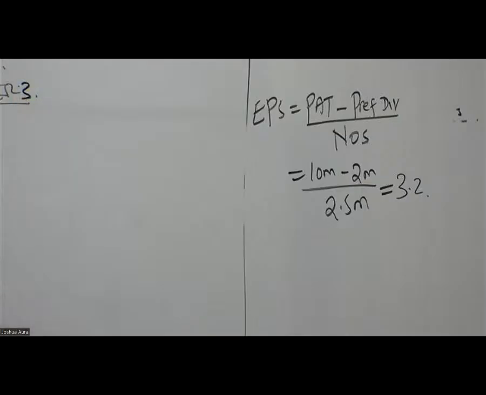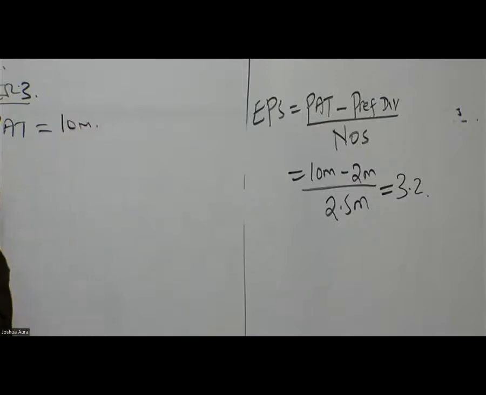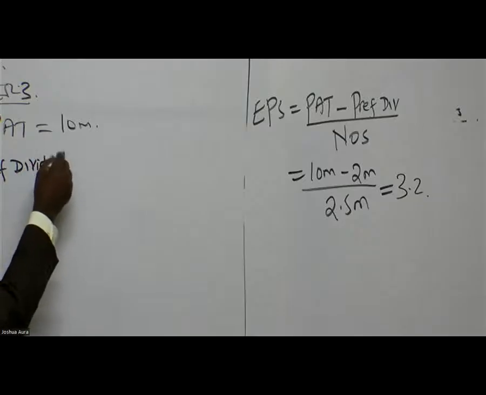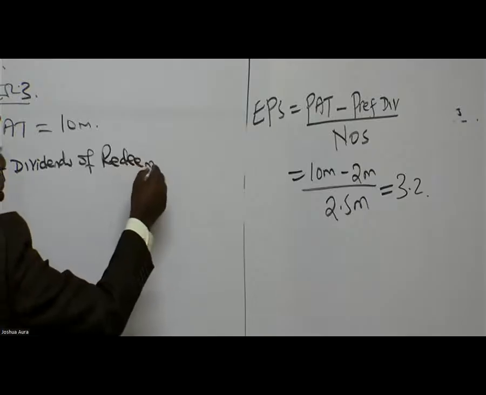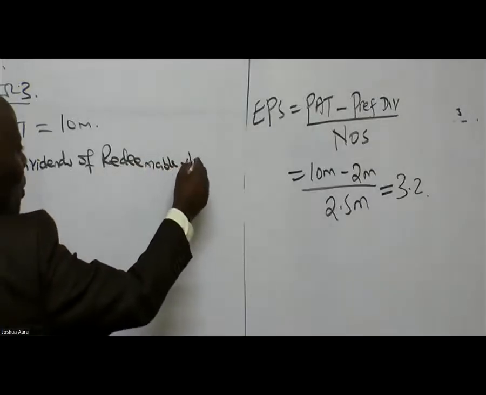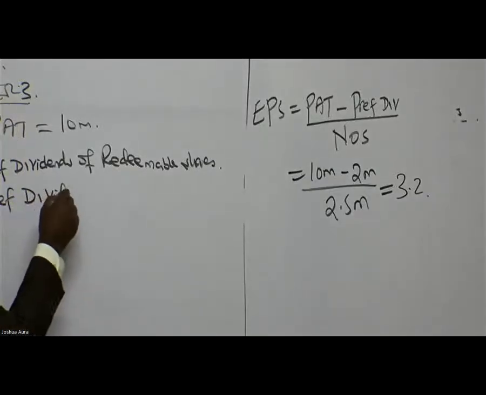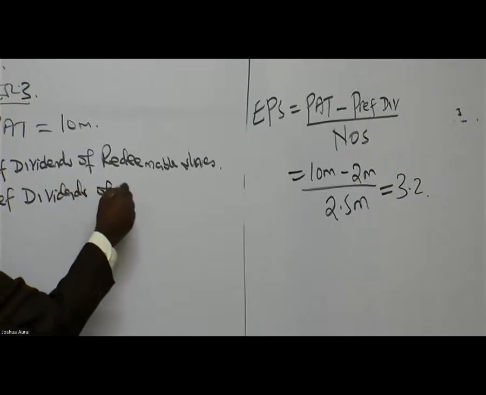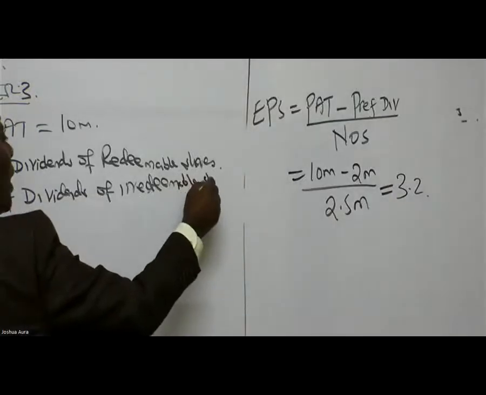Exercise number 3. For this exercise, they have given us profit after tax, 10 million. Then they have given us preference dividends of redeemable shares, and preference dividends of irredeemable shares.